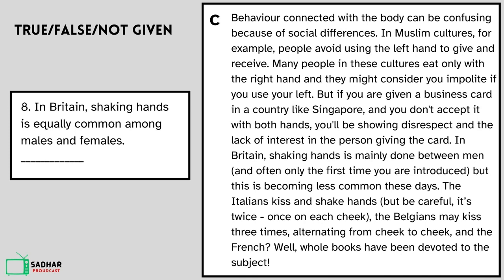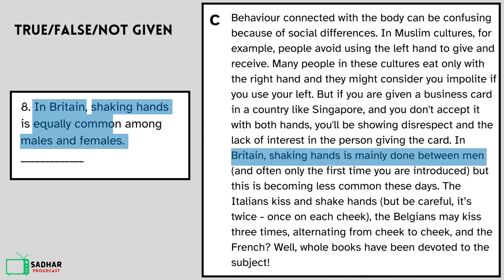Question number 8. We have some keywords there. In Britain, shaking hands, equally common among males and females. Let's find out the word or the phrases in the passage. We have Britain, and then shaking hands is mainly done between men.